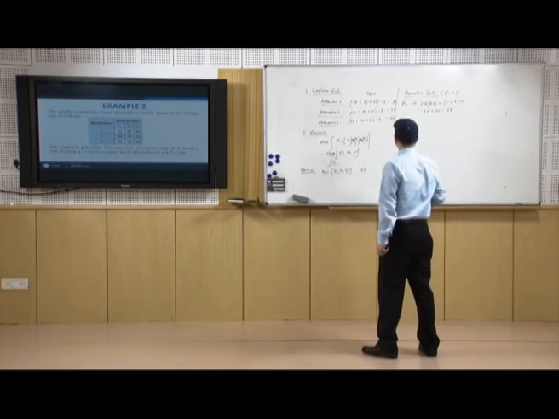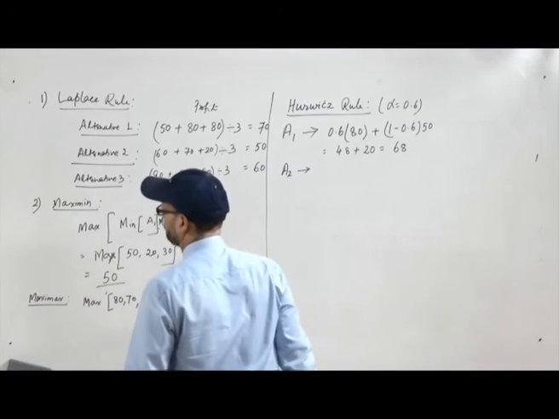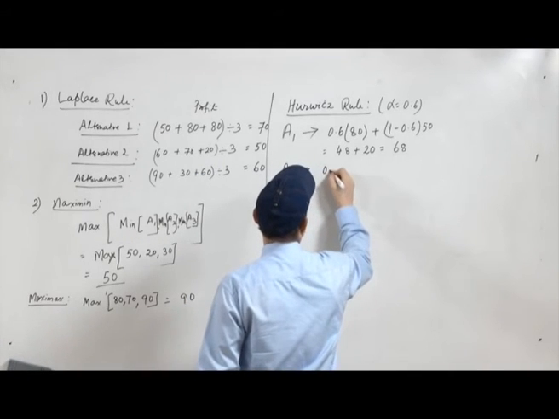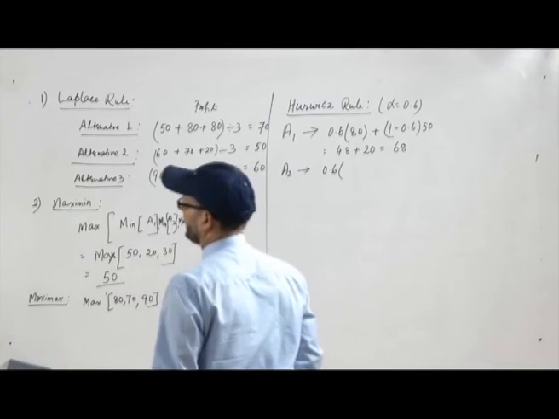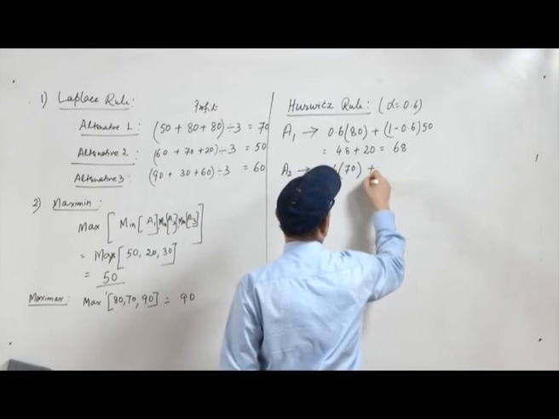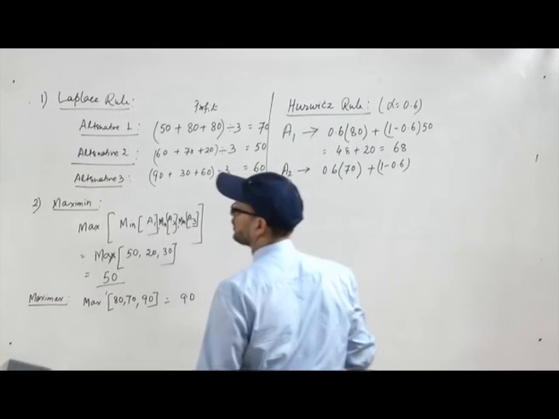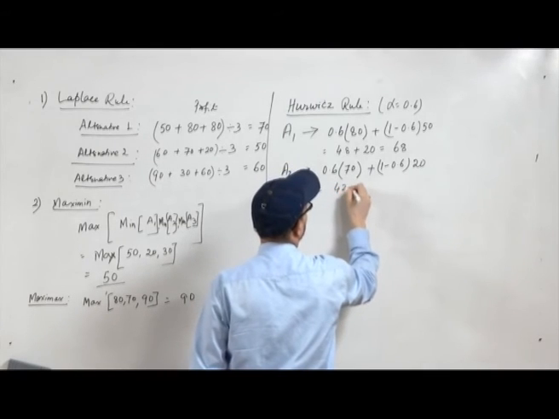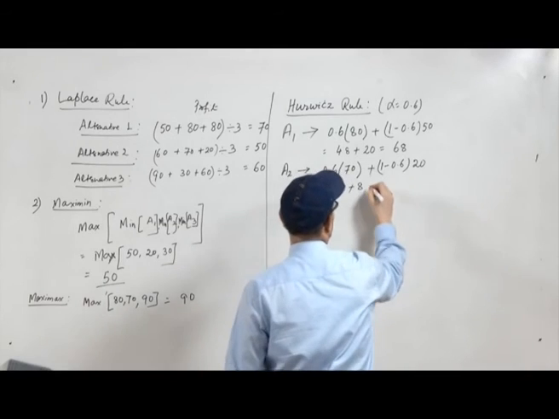If you go to alternative 2, in this case the maximum value is 70 and the minimum is 20. So, it will be 42 plus 0.4 into 20, that is 8, so it will be 50.